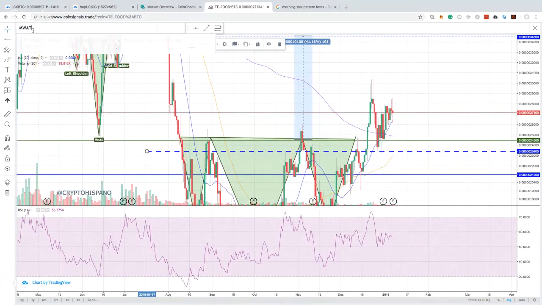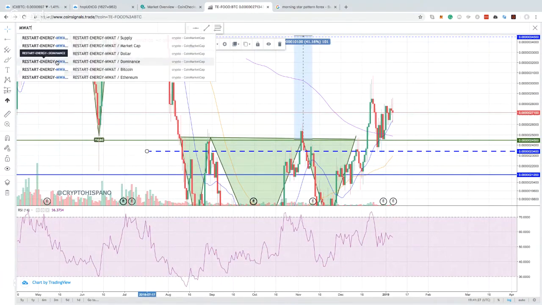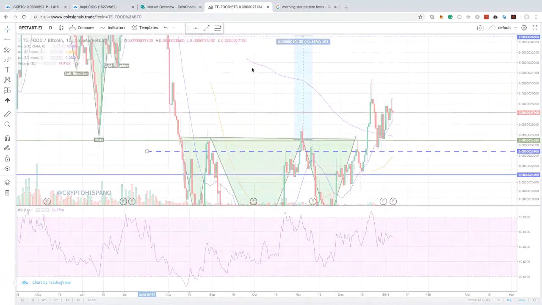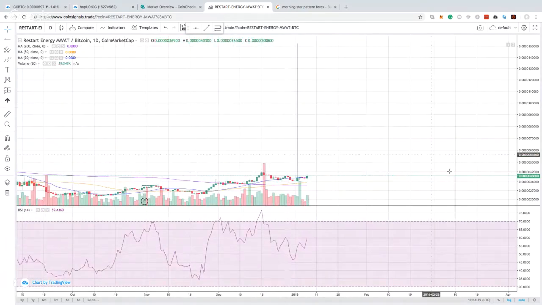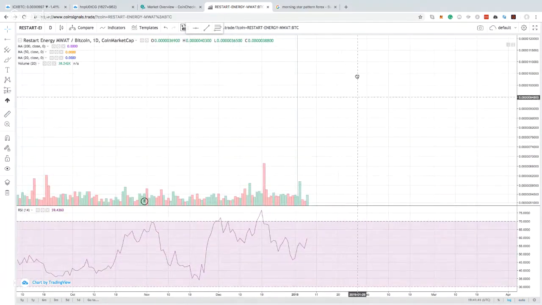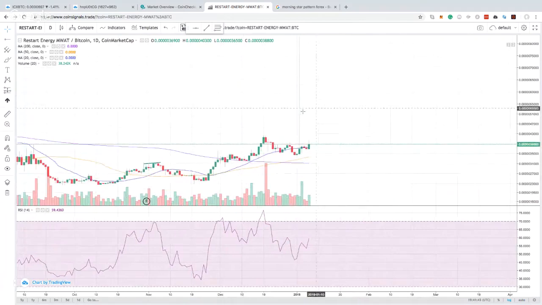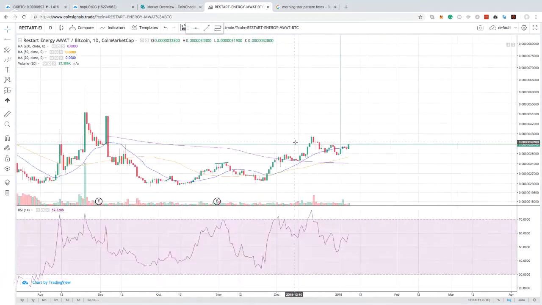And the other one that I'm really bullish on is MWAT. I'll start doing that MWAT review. I'm sorry I didn't make it before. I've been doing some personal stuff. But look at this chart. This one is looking pretty good. I was looking at the KuCoin chart, and this week, let's ignore it.